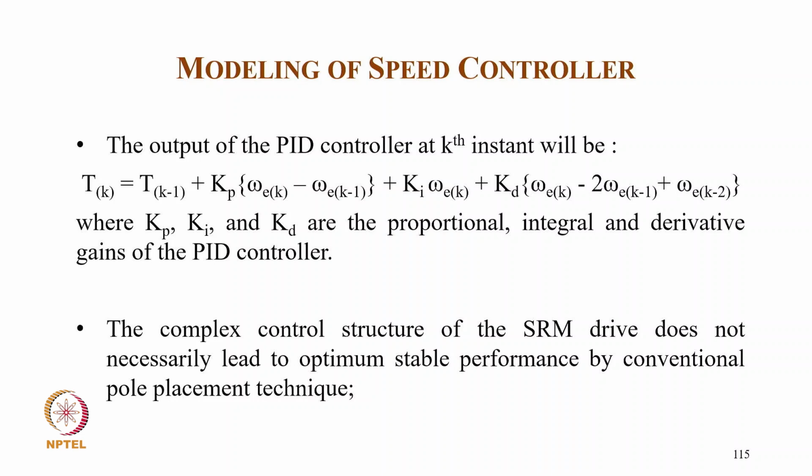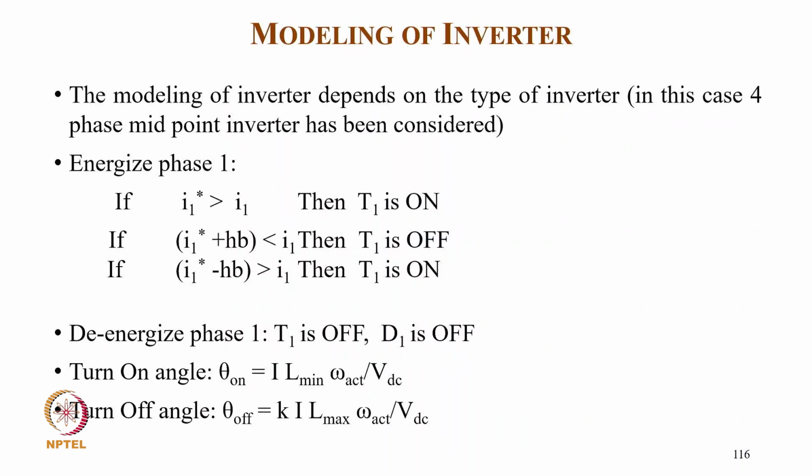The complex control structure of the SRM drive does not necessarily lead to optimum stable performance by the conventional pole placement technique. So the modeling depends on the type of inverter.